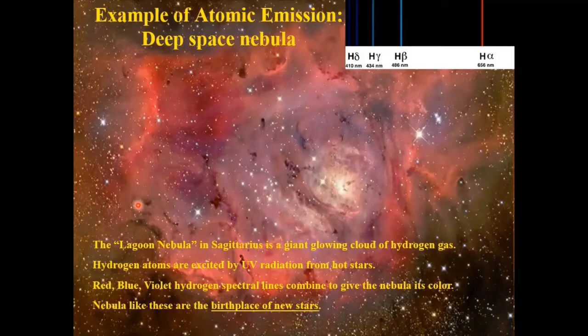So in astronomy, whenever we see a reddish, pinkish cloud like this, we know that we're looking at hydrogen. And by the way, this nebula here is the birthplace of new stars. These stars inside the nebula that you can see are actually newborn stars that have formed from this glowing cloud, a giant cloud of hydrogen gas.